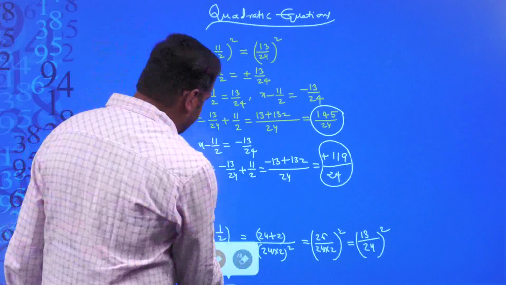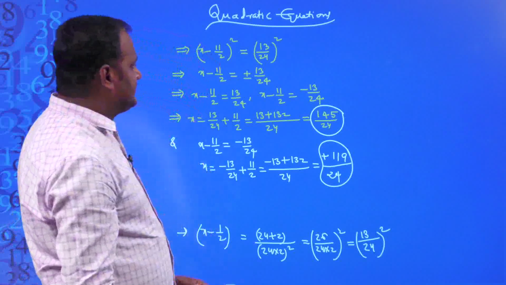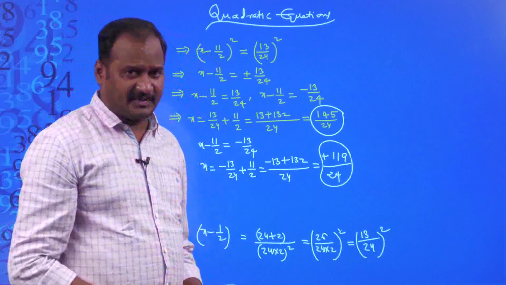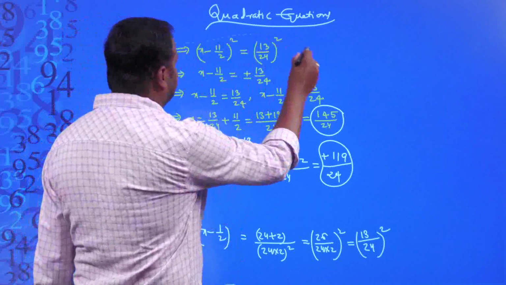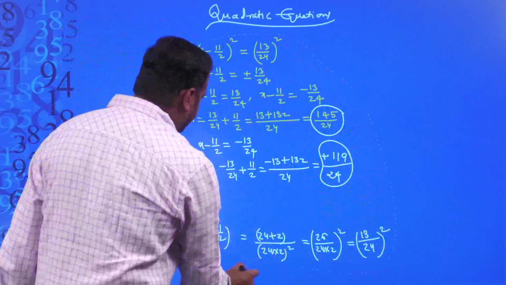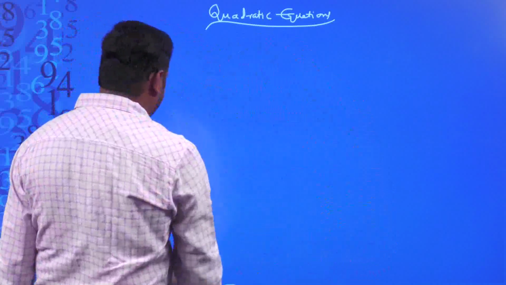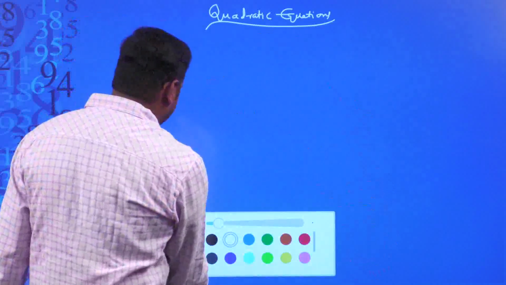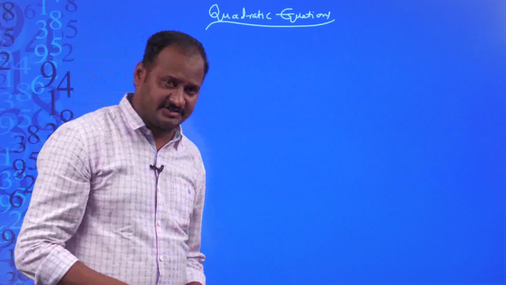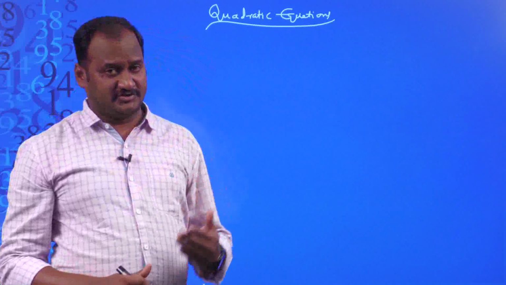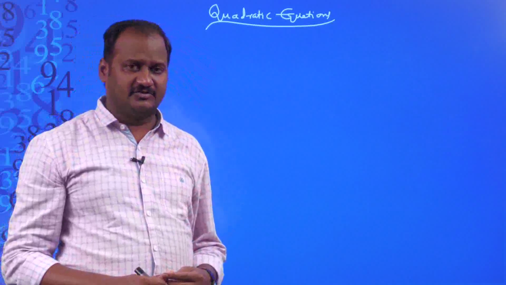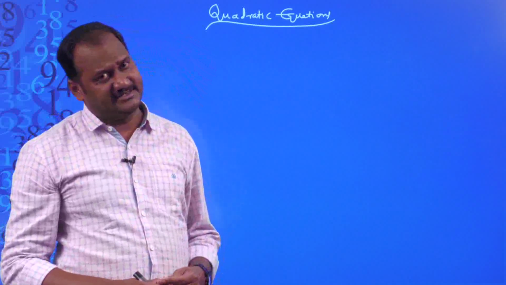We already discussed the nature of the roots, right? The nature of the roots of any quadratic equation depends on the value of b square minus 4ac. That is why b square minus 4ac is called the discriminant of the quadratic equation. If the value of b square minus 4ac is positive, or greater than 0, then the roots are real and distinct.